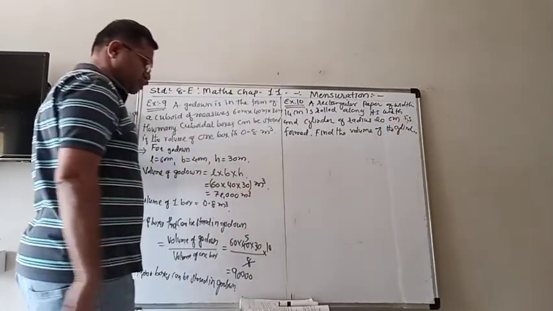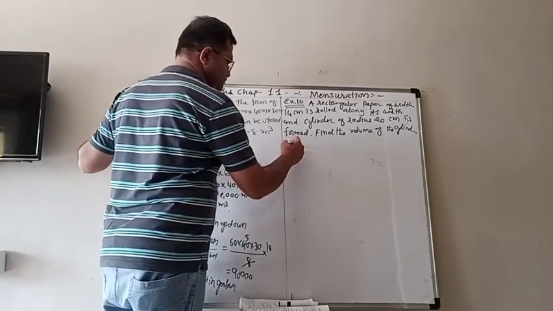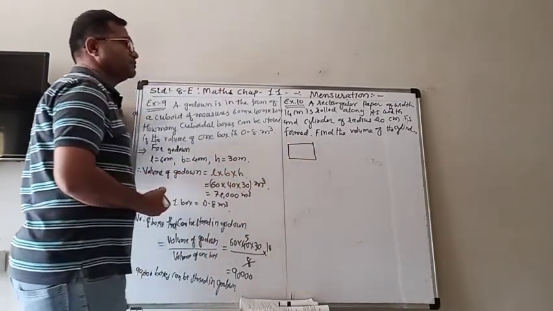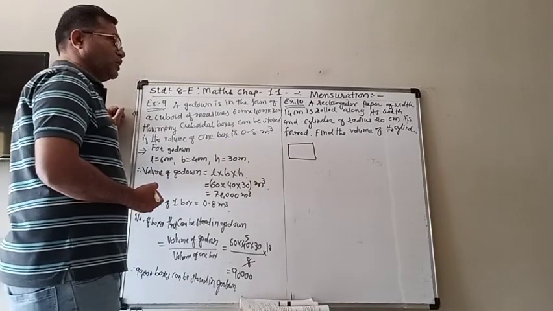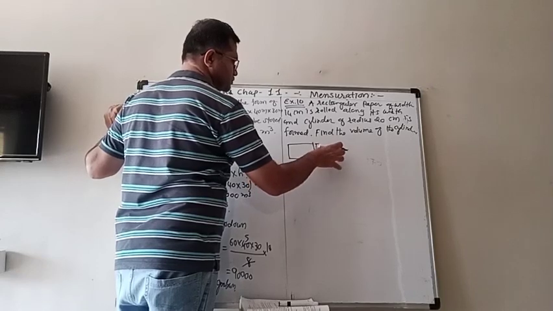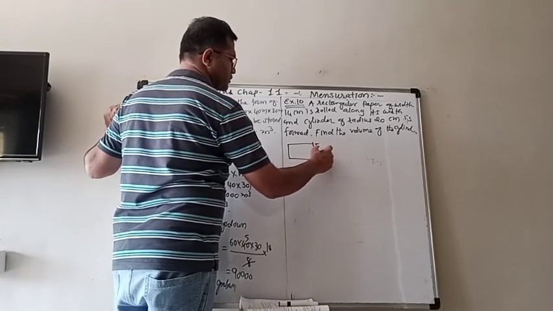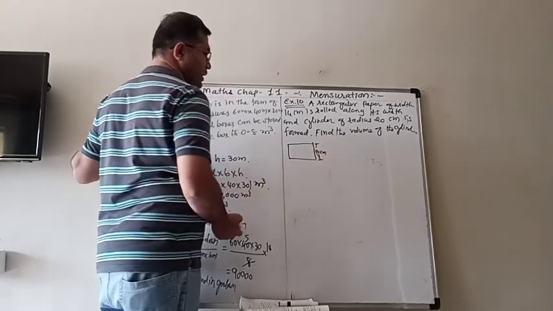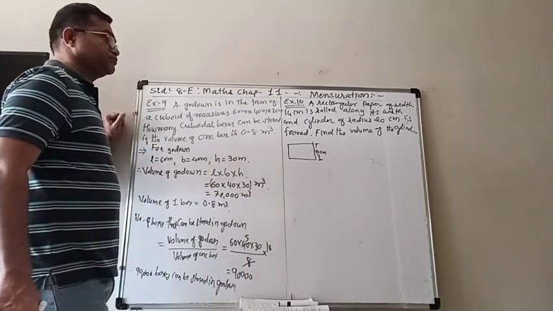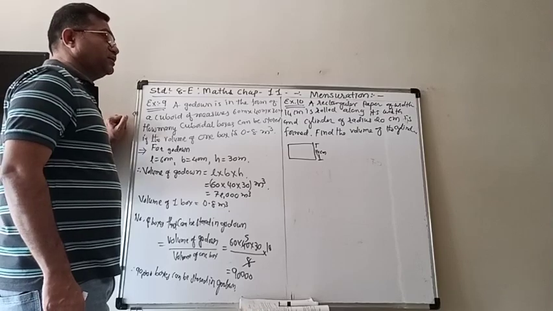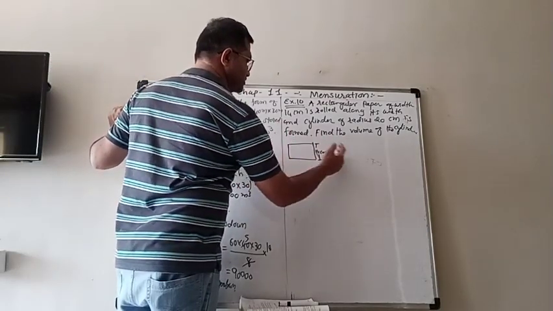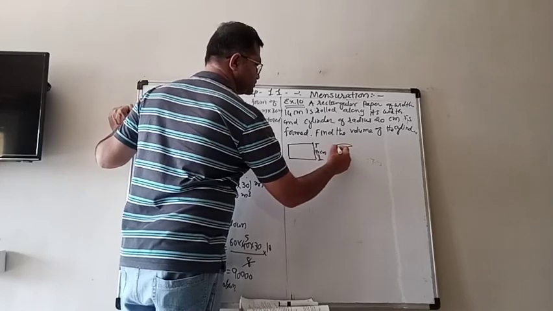So here what is given is that there is a rectangular piece of paper whose width is given 14 centimeter. Now that is rolled along the width, means this width is like that, it will go like that.